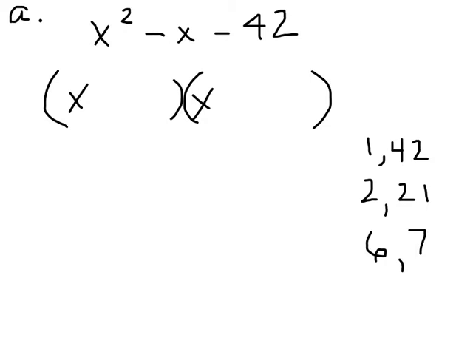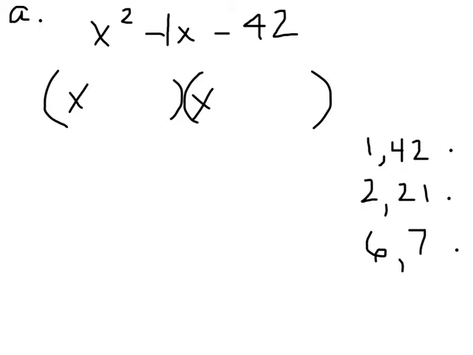Alright, so which of these 3 pairs do I think could end up giving me a negative 1? Well, obviously the 6 and the 7 are the only one that could possibly have a difference of 1. So that means that I'm going to have a 7 somewhere and a 6 somewhere.